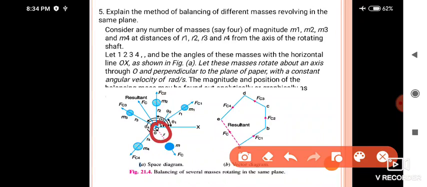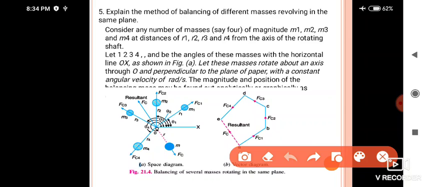Here it is clearly shown like that. Let theta 1, 2, 3, 4 be the angles of these masses with the horizontal line OX, okay, it is shown clearly in the figure.